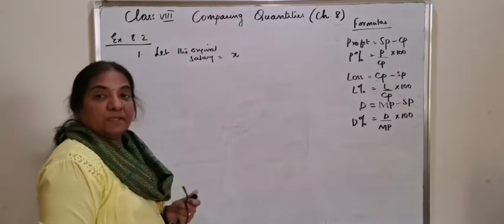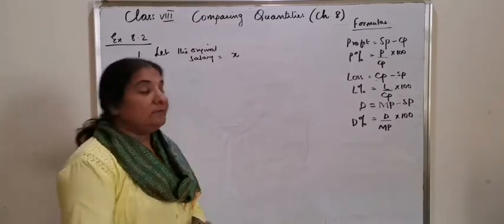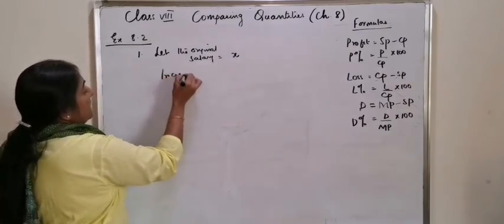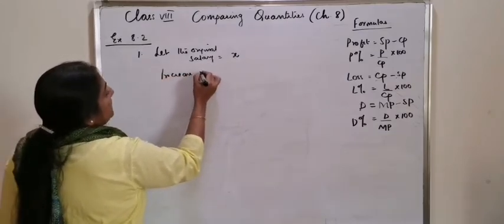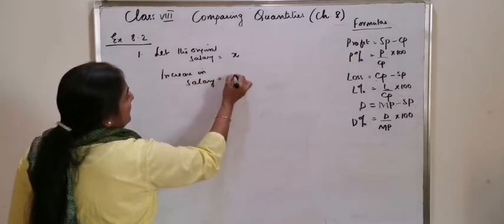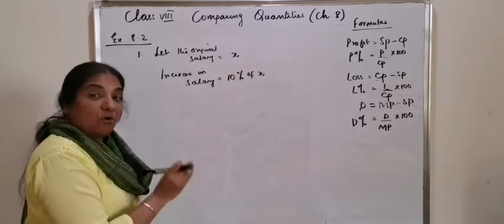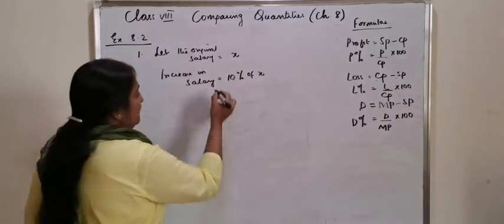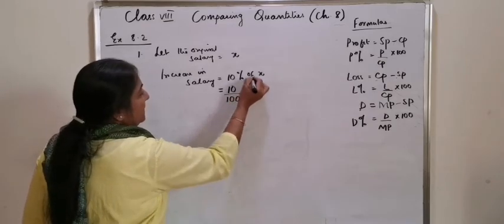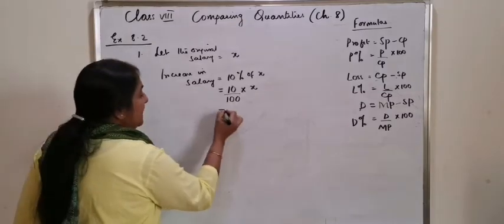And now he got an increase of 10% on the original salary. So what is the increase in salary? Increase in salary is 10% of x. That means on the original salary, change the percentage as 10 by 100. Of means multiplication, so 10x by 100.